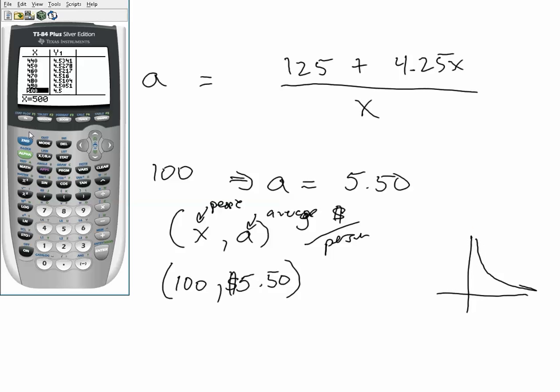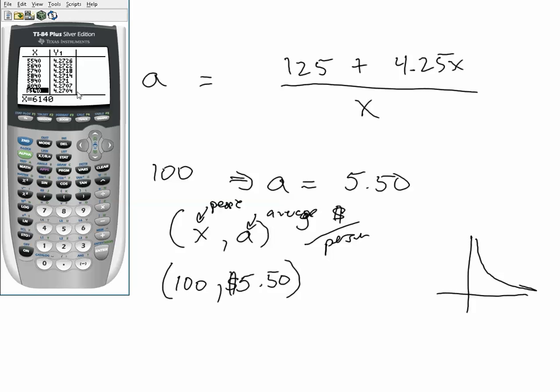However, let me change the table value. Let me make this 100 people and see what happens, so I can look more rapidly. If I increase by 100 people at a time, now this is obviously a lot of people, but I'm starting to notice that my average cost is really slowing down at around 4.2 something.